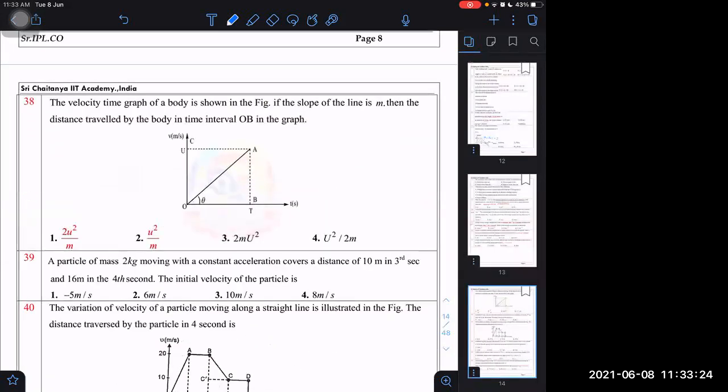Question number 38. Slope of the line is this, and distance traveled by the body in time interval OB is. Can you determine the distance traveled? Find out the distance traveled in question 38.